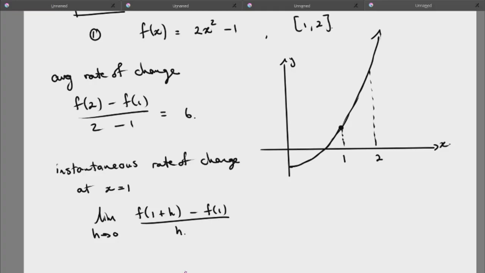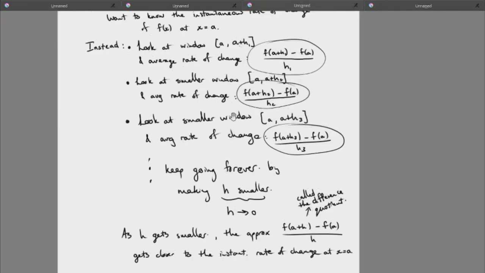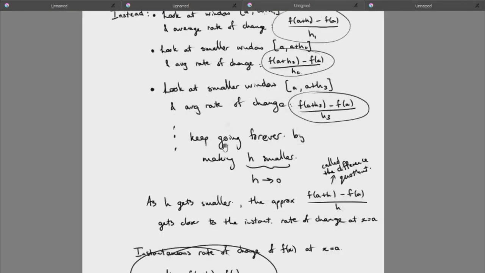That setup, that limit, you have to memorize. You have to just memorize. Limit as h goes to 0, f of a plus h minus f of a over h. Write it 10 times, do whatever you need to do, but you just memorize it. I don't want to relive this whole thing every time to get to the end.